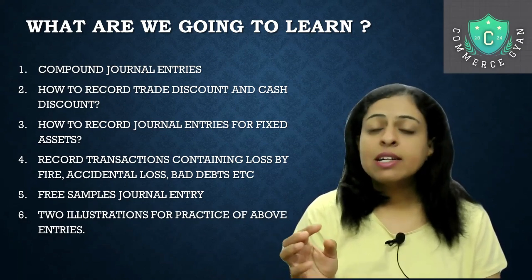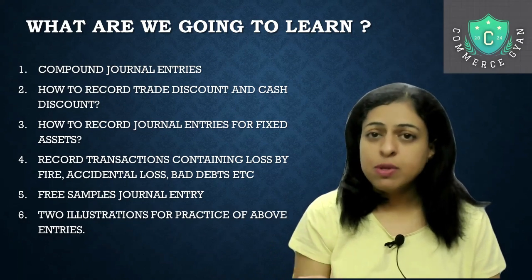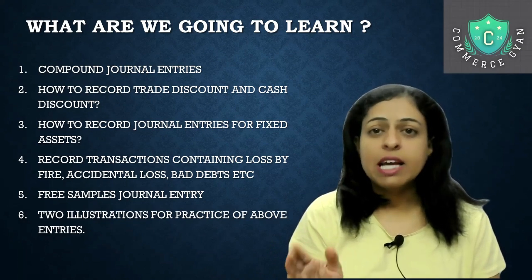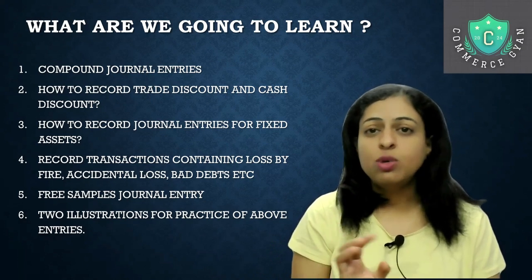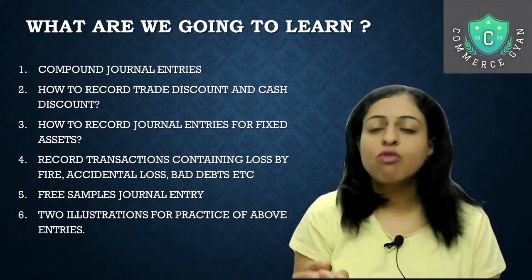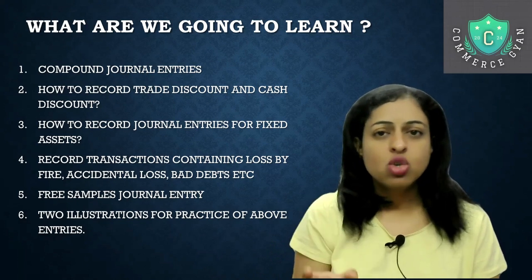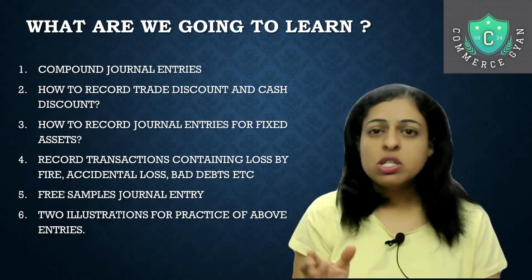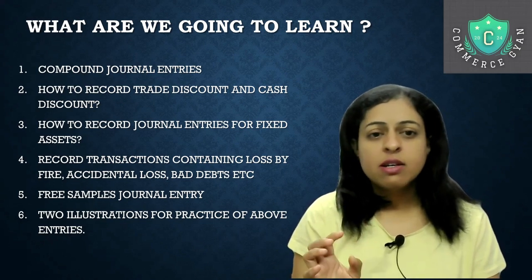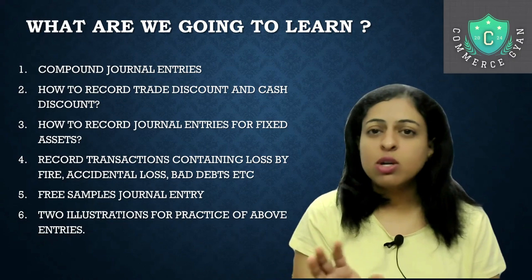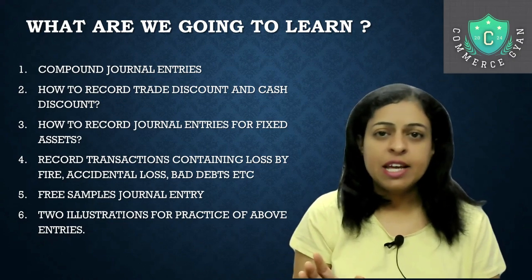Then there are times when business gives free samples of goods for the purpose of marketing advertisements. So how to record that in your books of accounts. And finally, you will have a number of illustrations for practice of these journal entries. So watch this video till the end so that you get the knowledge of all these detailed types, 5 types, and also illustrations, right, at the end.